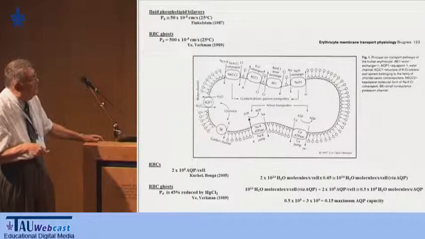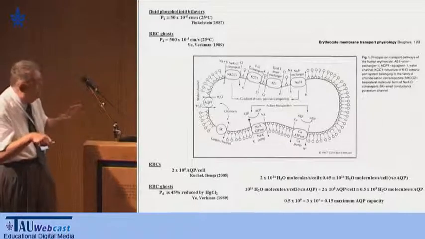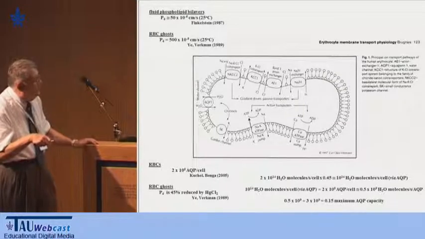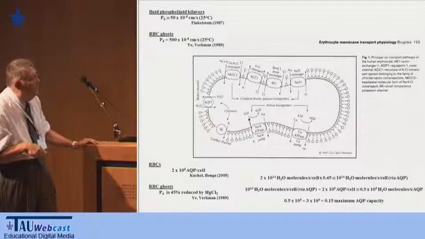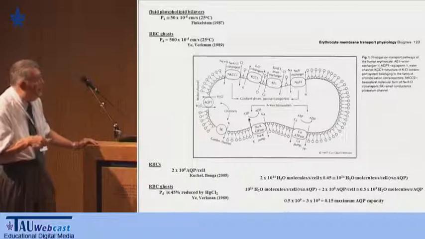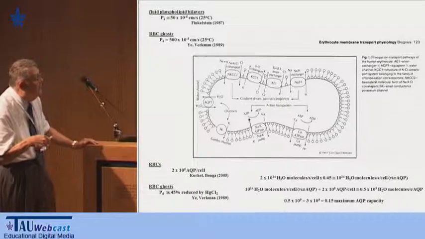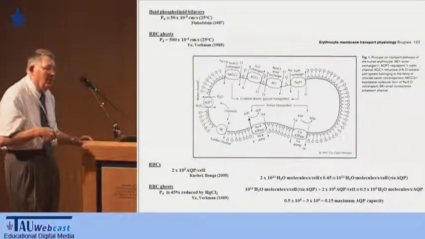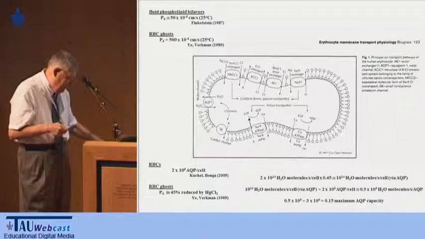And in fact, from studies of non-equilibrium water fluxes, those aquaporins are only using about 15% of their maximum capacity. So something else is going on to give you this 10 to the 14th water molecules per second per cell.